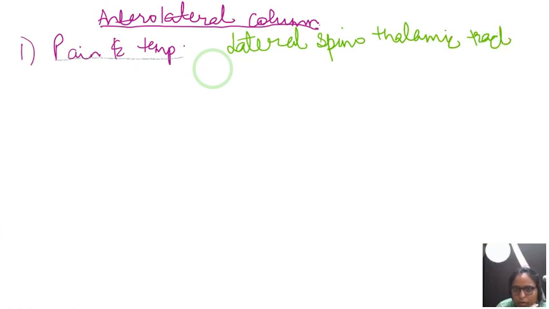Like I told you earlier also, there is no need to learn it. You only have to understand it. If you understand it, it is very easy to memorize. So we will see why it is named the lateral spinothalamic tract, and now we know that the lateral spinothalamic tract carries the sensation of pain and temperature.